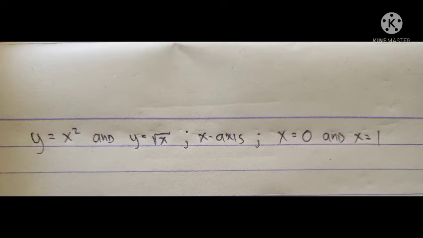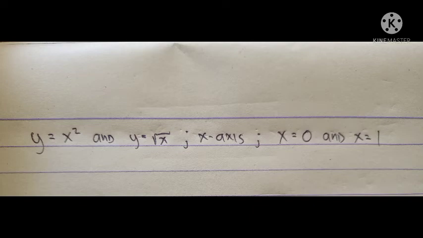So now let's solve this problem using the washer method. Let's say we have two functions, which are y is equal to x squared and y is equal to square root of x, and we're going to find the volume from rotating about the x-axis.